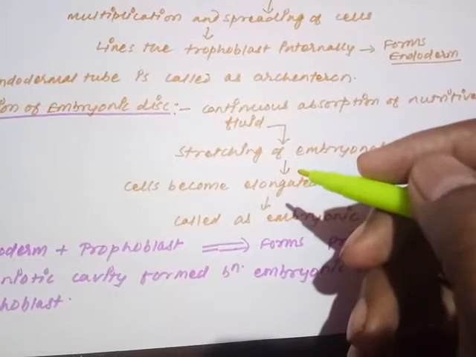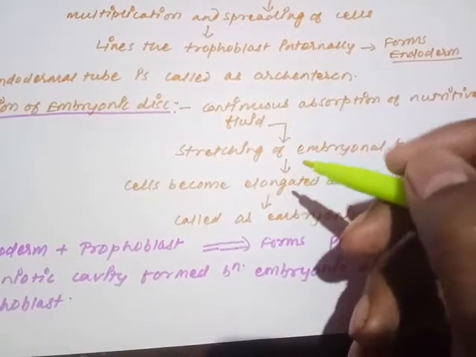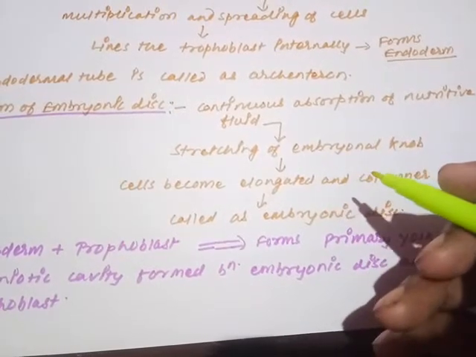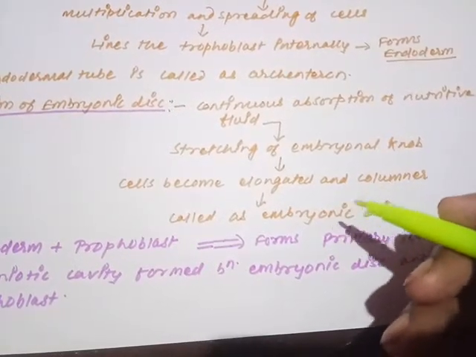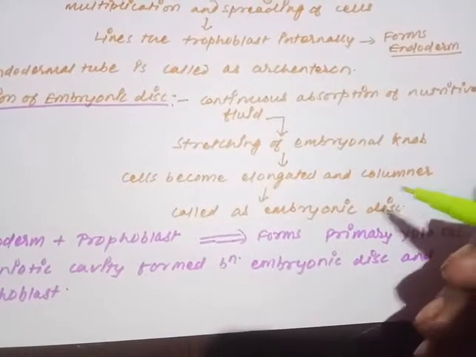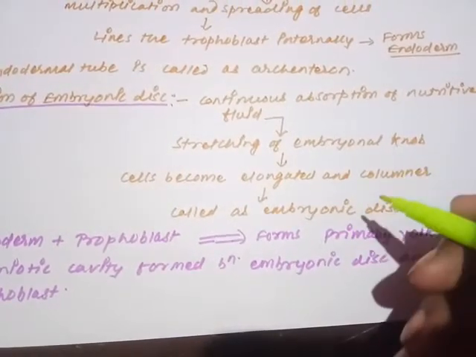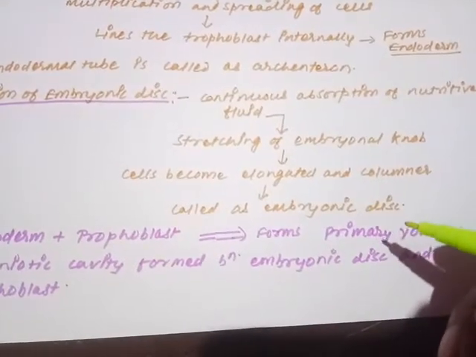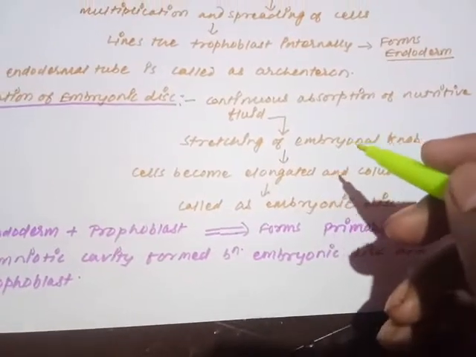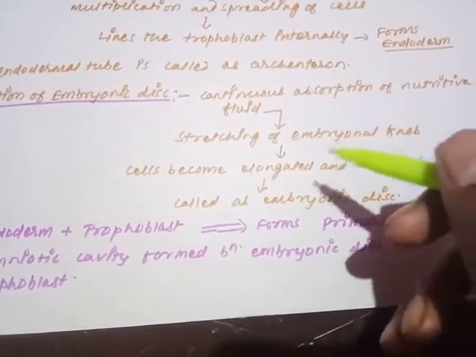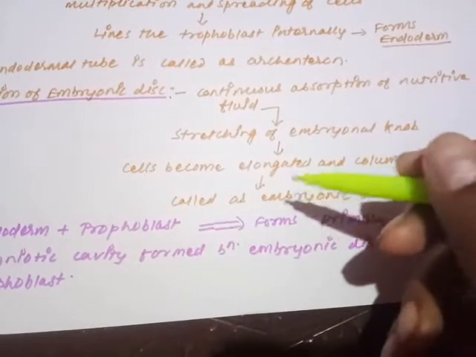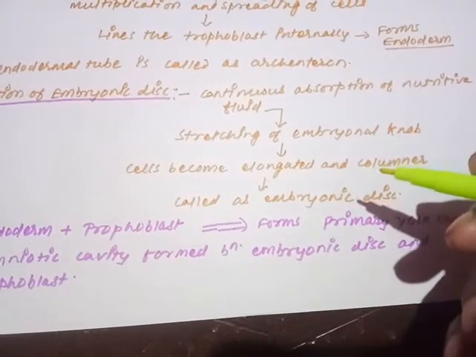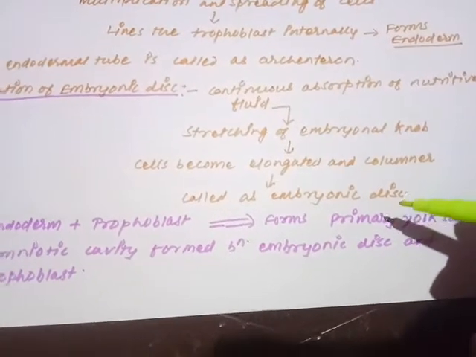Now they are not flattened cells, they are elongated, and they are converted into columnar cells. When they are converted into columnar cells, that region of columnar cells is called the embryonic disc. What is there? The continuous absorption of the nutritive fluid from the endometrium, stretching of the embryonal cells, and the cells now become elongated and columnar, and these columnar, elongated cells combinedly form the structure called the embryonic disc.